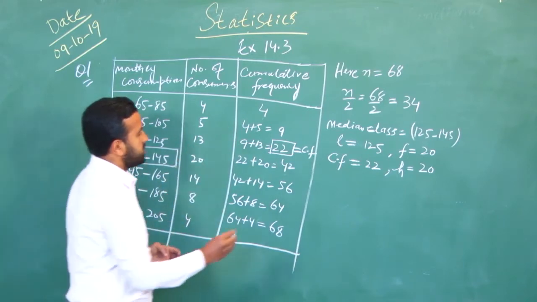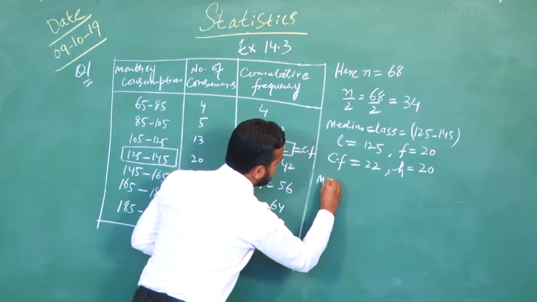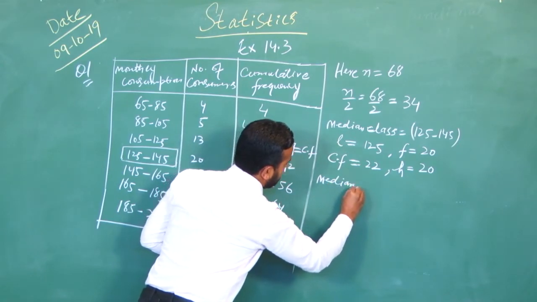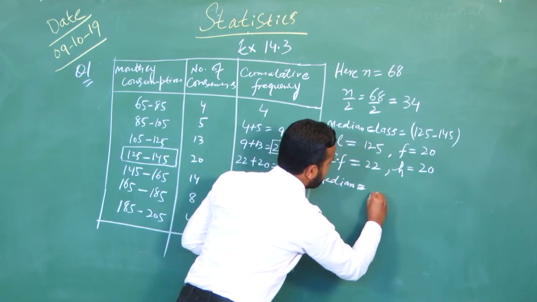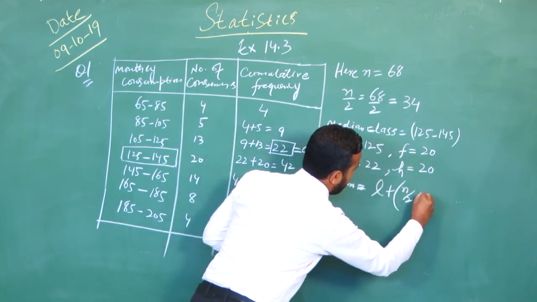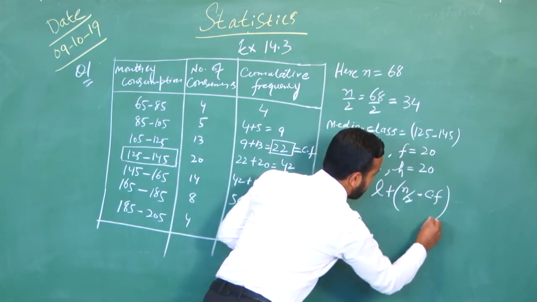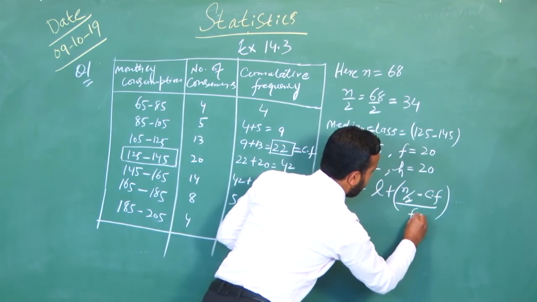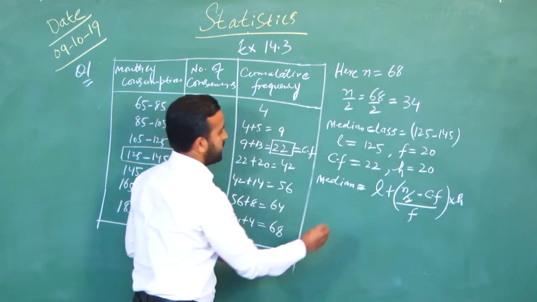Now let us see in this data what the median is. For the median, we first write the mathematical formula, that is L plus n by 2 minus the cumulative frequency of the preceding class, divided by F, multiplied by H. This is the formula that we'll use here.